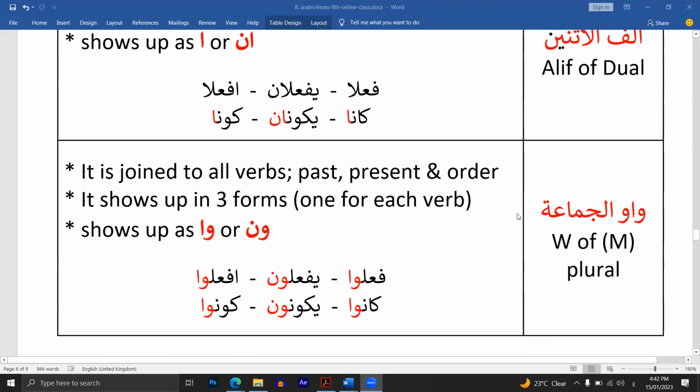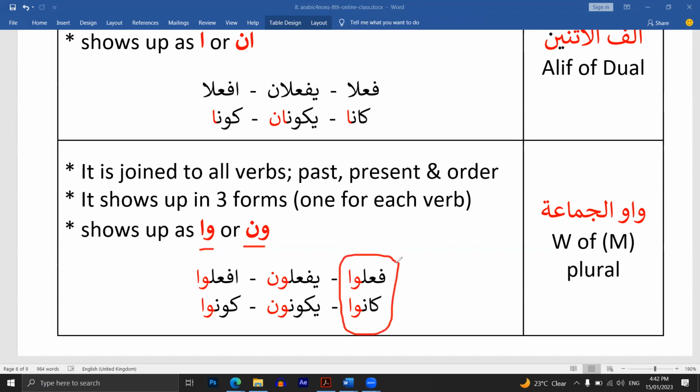It's used for plural masculine. Again, it will show up in 3 tenses: past, present, and order or command. It has 3 forms, and it will show up in 2 main shapes: waw plus alif or waw plus noon.